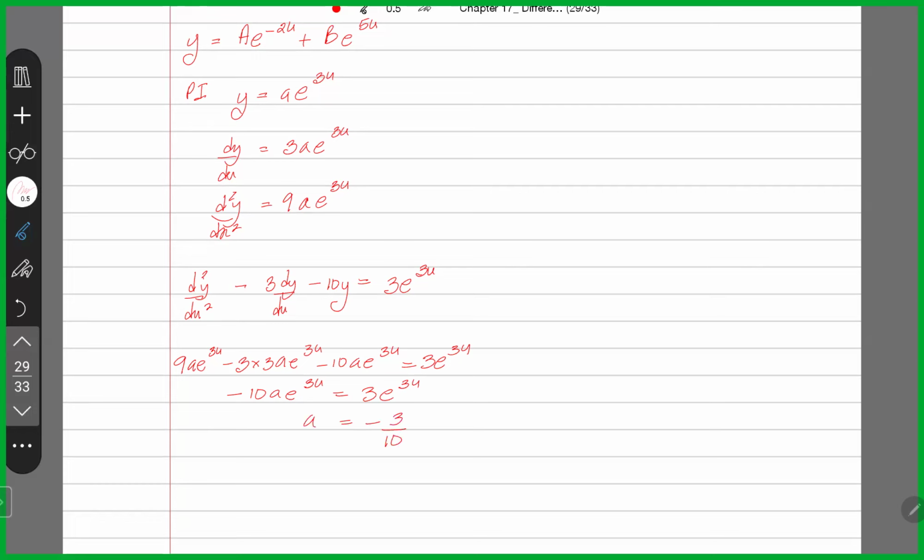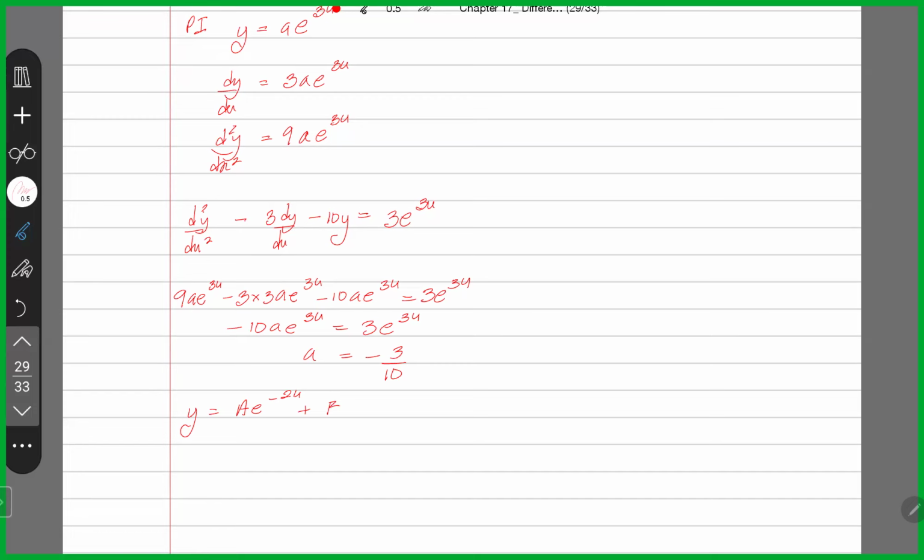And the general solution of the differential equation would be y is equal to a e to the minus 2u plus b e to the 5u minus 3/10 e to the 3u. Now, we were asked to solve the differential equation so that we get y as a function of x and not y as a function of u. Remember, we were told initially that x is equal to e to the u. So let's separate some e to the u.